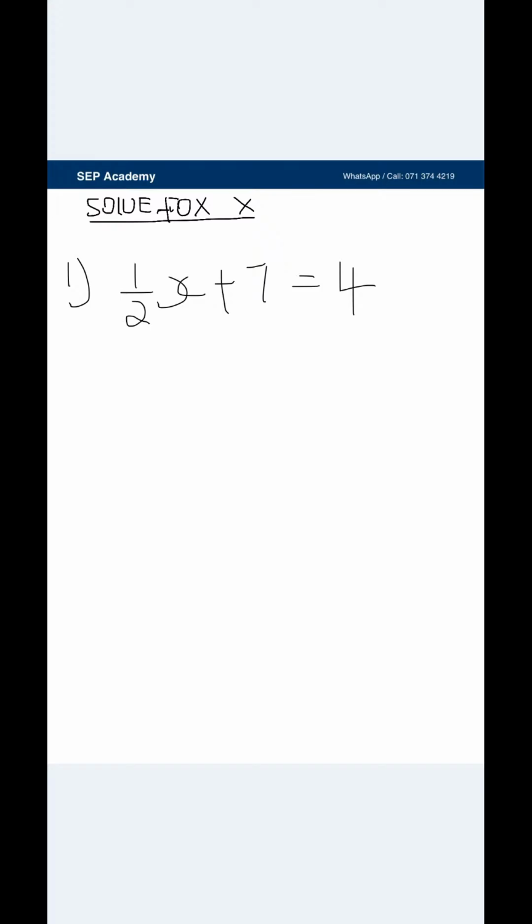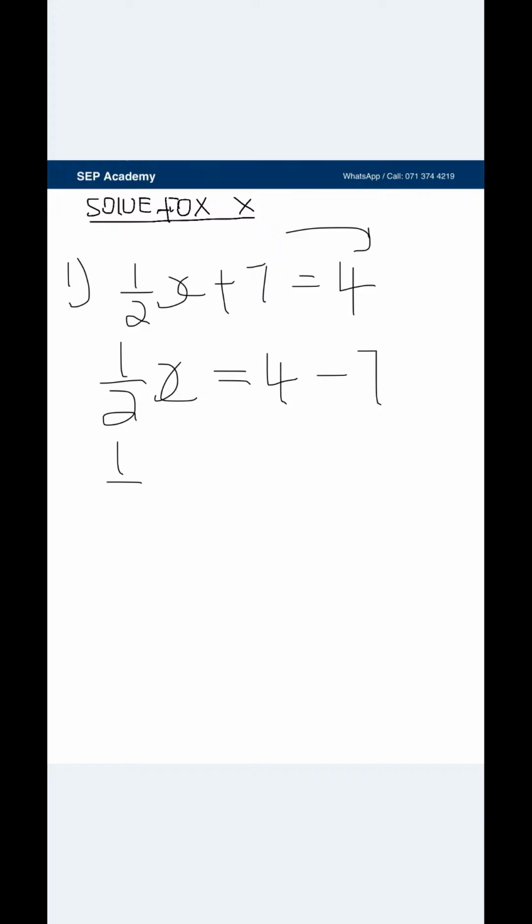So obviously it's half a letter, so we just leave it on the left hand side because that half is attached to a letter. On the right hand side you have a 4, you take 7 to the other side, it changes its sign, it becomes minus 7.